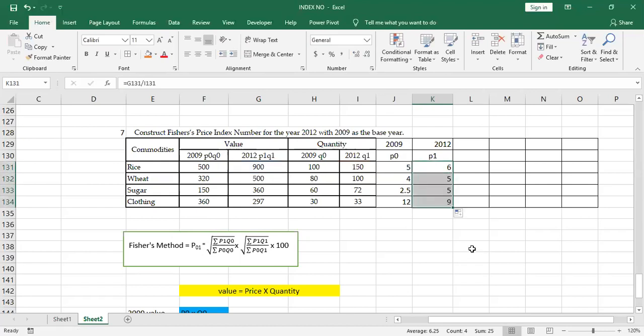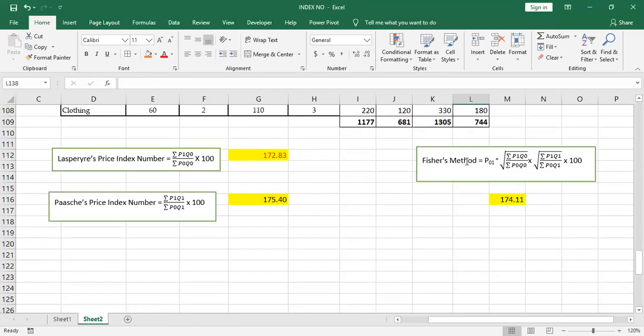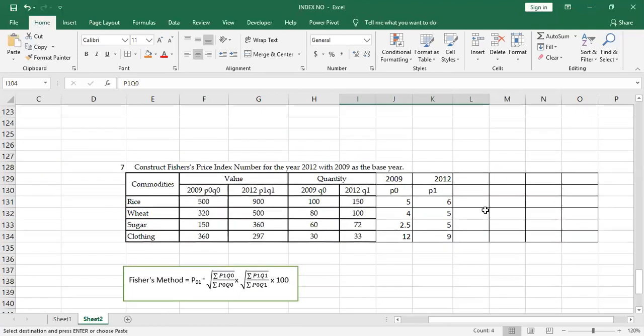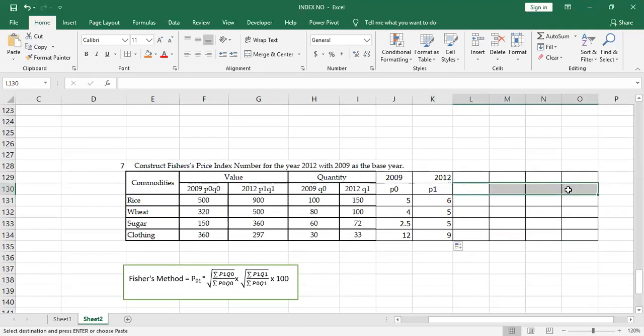So we got P0 and P1. We have P0 and Q0. Now what is the procedure? We have to calculate the values P1 Q0, P0 Q0, P1 Q1, P0 Q1.